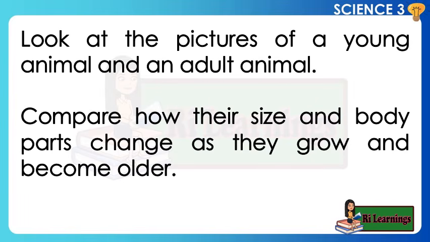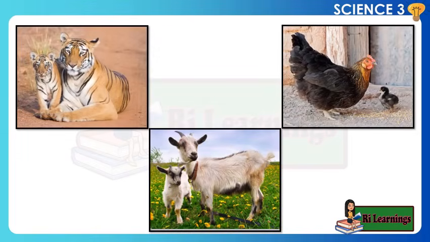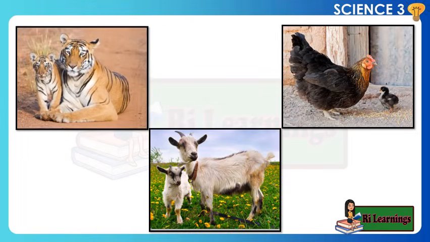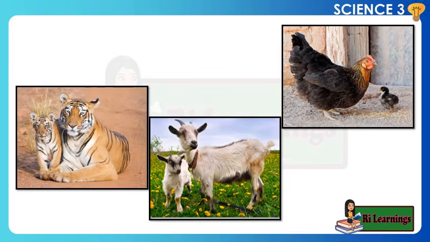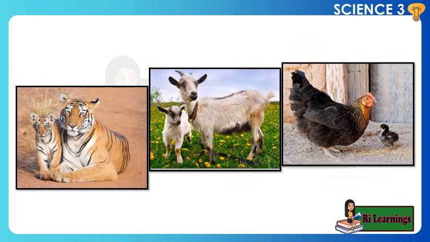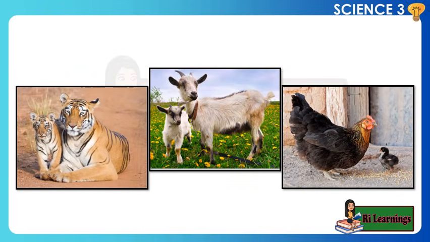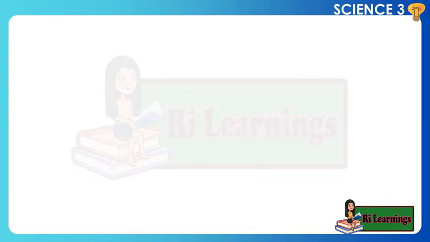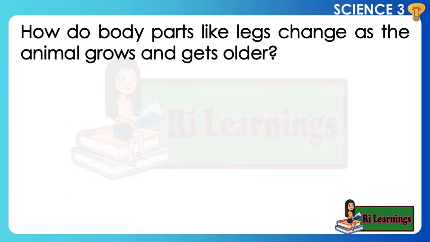Two. Look at the pictures of a young animal and an adult animal. Compare how their size and body parts change as they grow and become older. How do body parts like legs change as the animal grows and gets older?